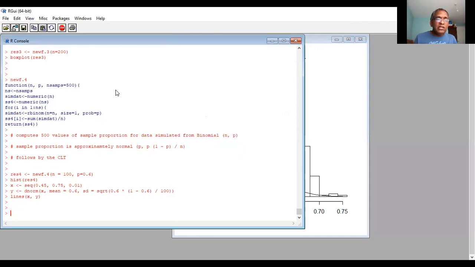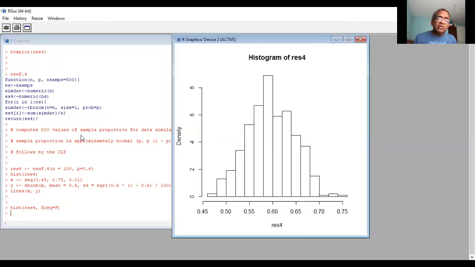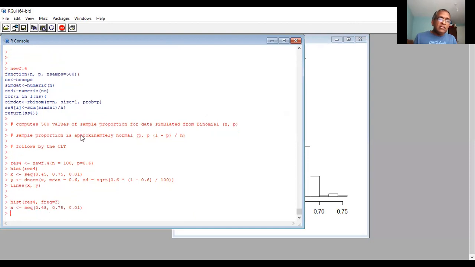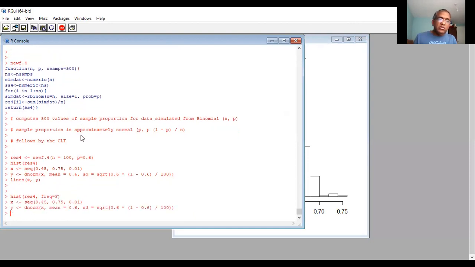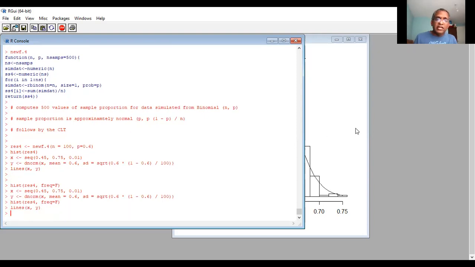All right, so let me redo this. I plot this in the density scale, which is this one, right? Then do the x, then do the y. Sorry, I have already done this. Then finally use the lines command.